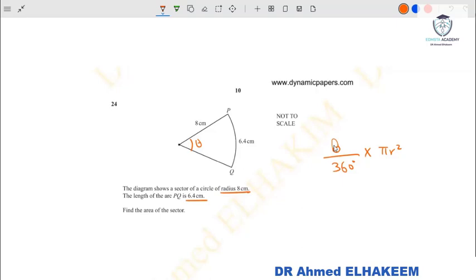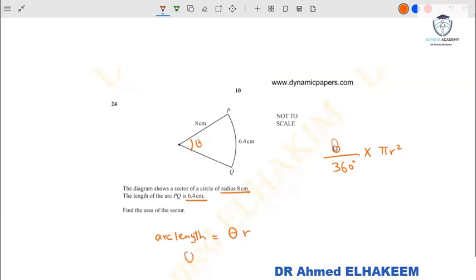So, how to find the area now? First, we need to find theta. How to find theta? There is another rule: arc length equals theta r.